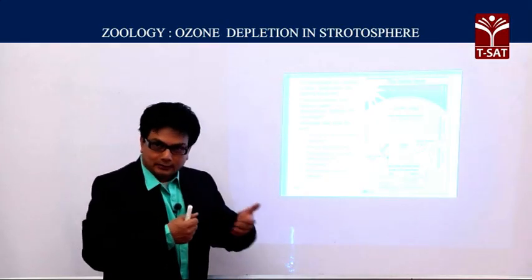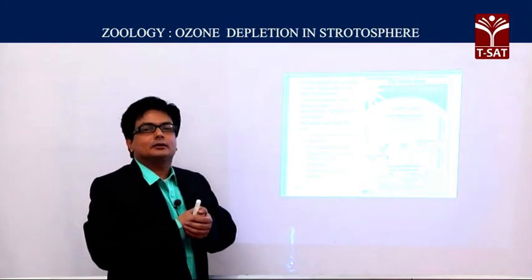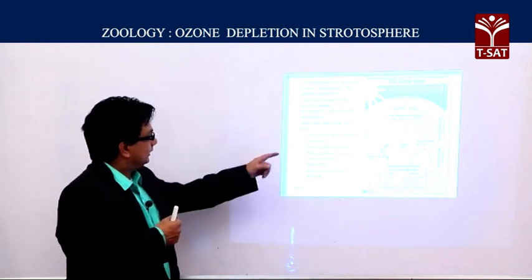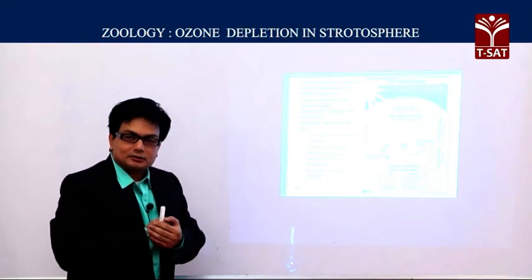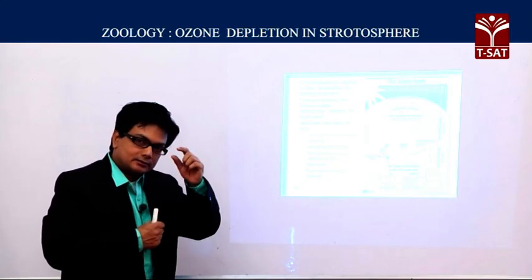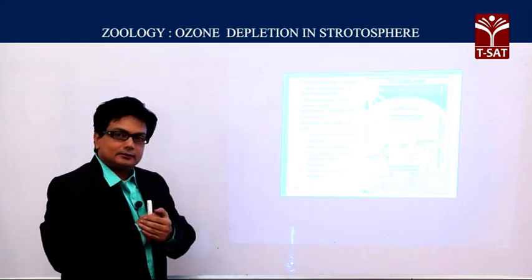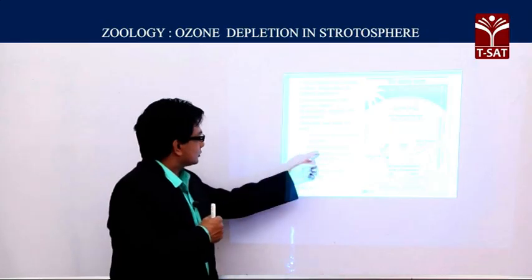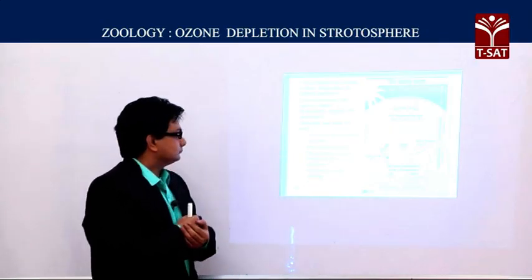Let's see some more effects of the UV because of the ozone holes. Can cause skin cancer, cataract. We all know cataract is a condition related to the eye, which makes vision improper, and it also affects plant growth.